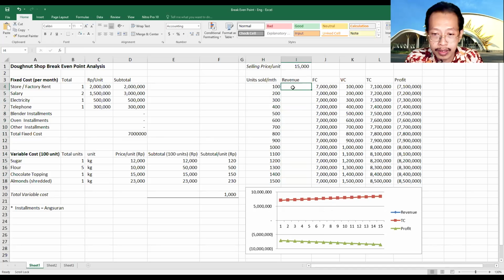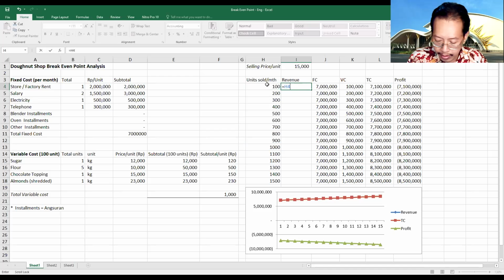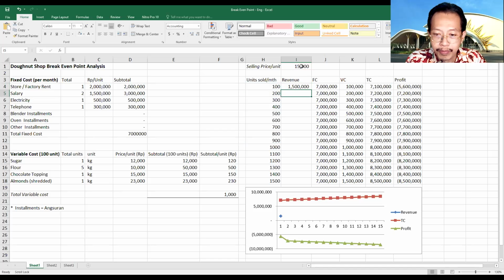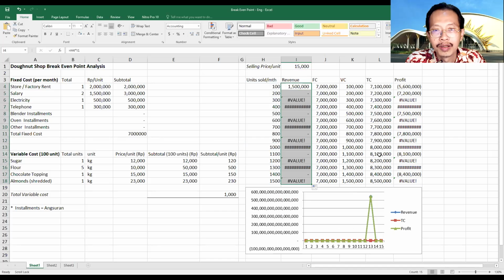So I put the equal sign, and then this times, sorry, this. But the problem would be if you drag it down, it would not work.